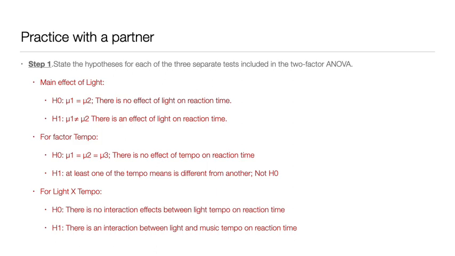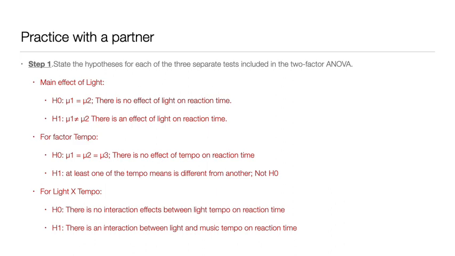Because light has 2 levels, we're going to write this the same way we did for our t-tests. When we look at tempo, that one has 3 levels, so we'll use the skills from our ANOVAs. Our null hypothesis: there is no effect of tempo on reaction time. That would put all 3 populations as equal to each other.